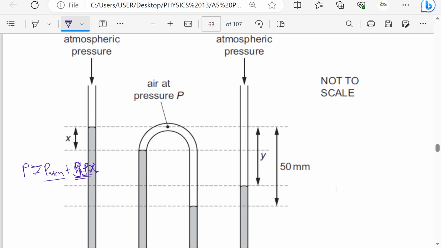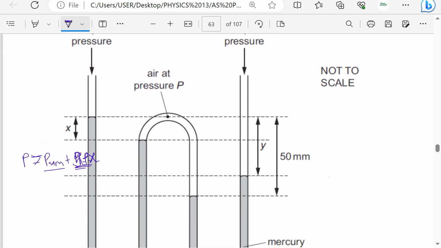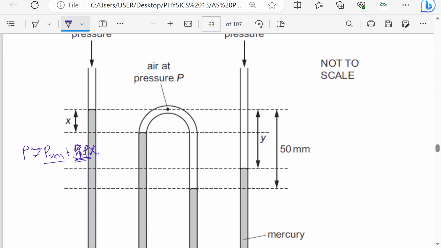Then on the right-hand side, the liquid: you notice that this height here is going to be 50. This height here is going to be 50 minus y.